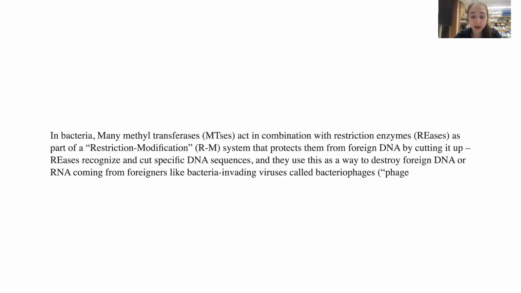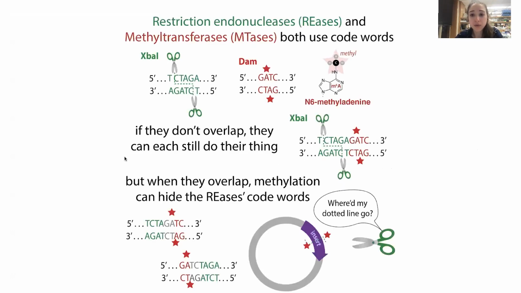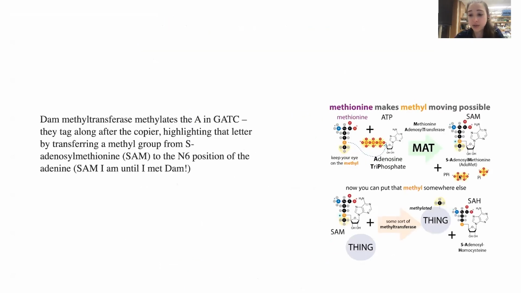So let's talk about how the restriction enzymes that bacteria use interplay with the methyltransferases that they use. A methyl group is CH3, and bacteria can transfer the CH3 group typically from SAM, S-adenosyl methionine, which we talked about in our post on methionine. Different methyltransferases can transfer the CH3 group onto various things.